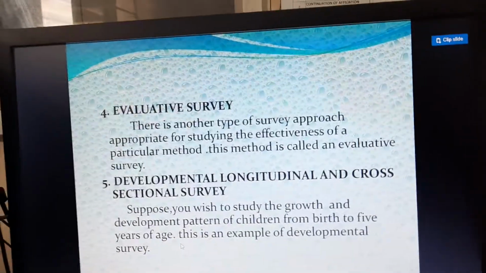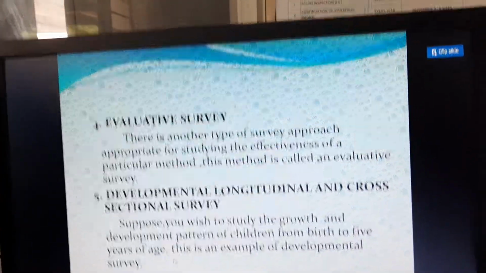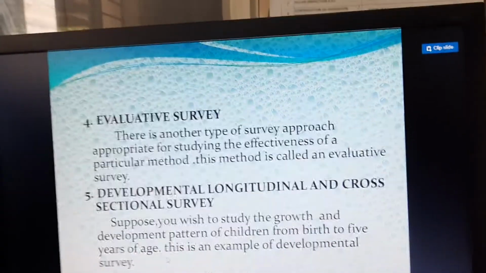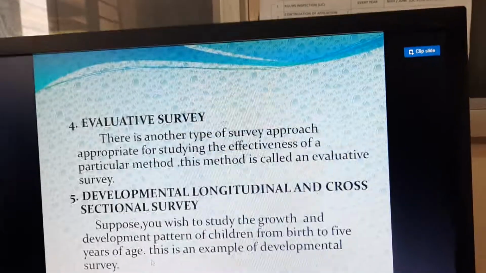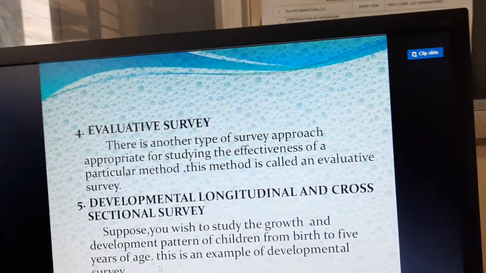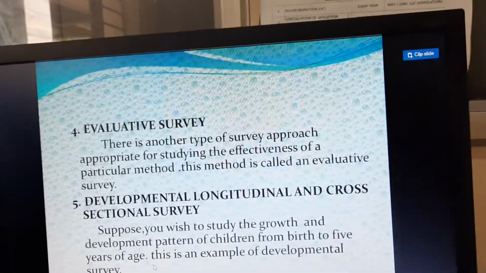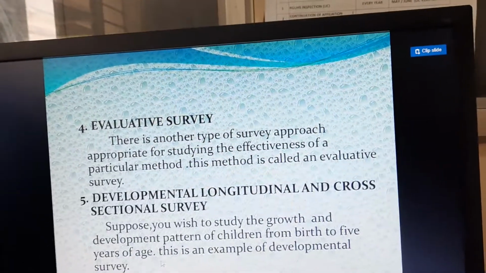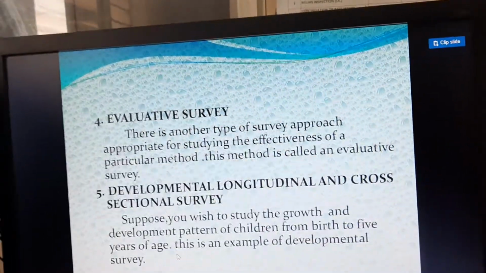In the first, second and third months, the social smile will start, and at the 8th month the front teeth, incisors, will come. After 1 year they can walk with support and then without support, and there is toilet training, speaking, cognitive development, and a lot of things. So what are all the milestones they are achieving?